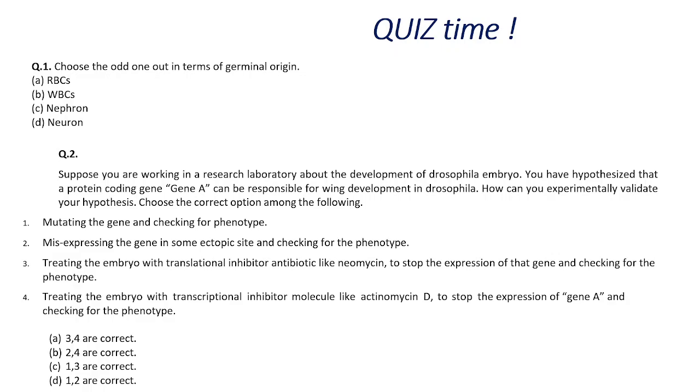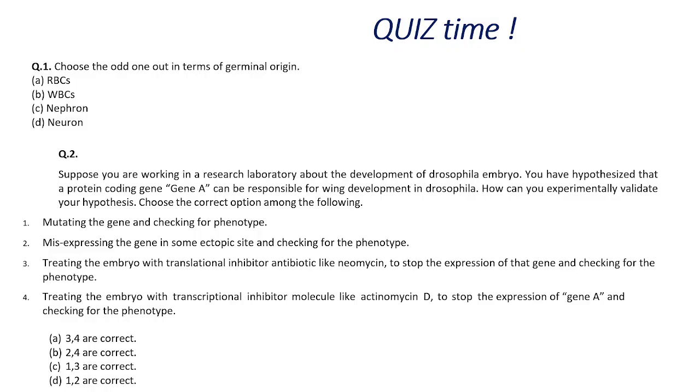B, that is 2 and 4. One person says it's D, 1 and 2. So first what you have to do, you have to check whether that particular gene is absolutely important or not. So that is done by mutating or knocking out the gene and observing the resulting phenotype.